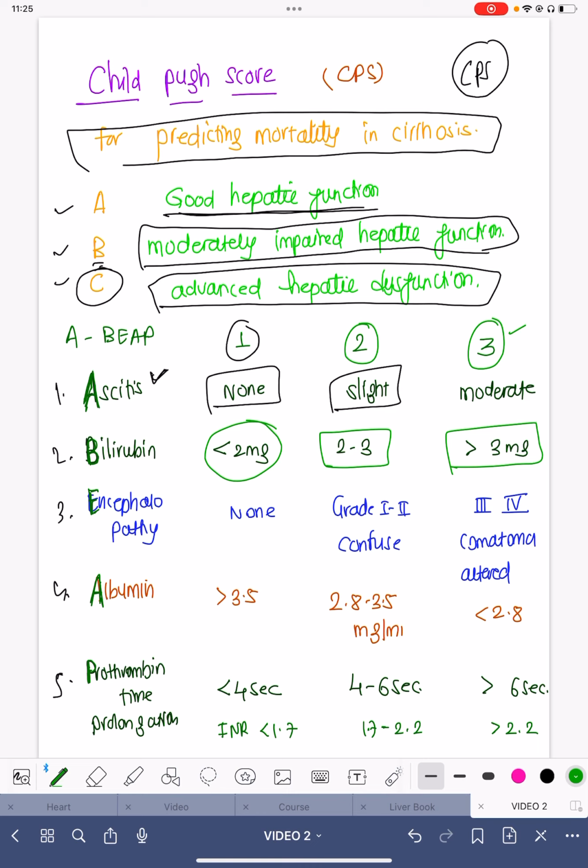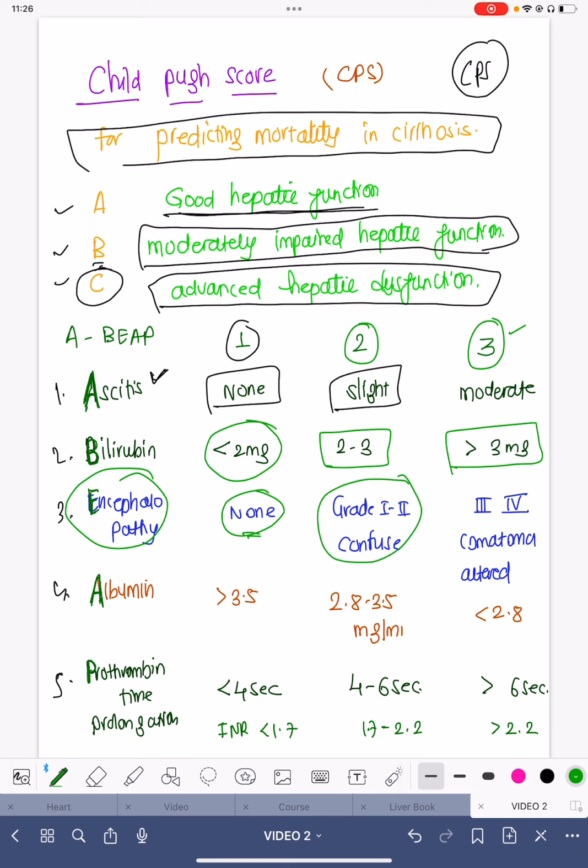The third thing is presence or absence of encephalopathy. If the patient is well oriented, walking, talking, no confusion, doing calculations, doing mental tricks, if the patient has no diurnal variation, if the patient is sleeping well at night and staying awake the whole day, then we say that the patient almost has no encephalopathy, and the patient is given a score of 1.